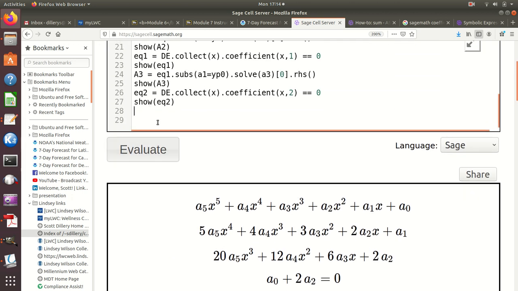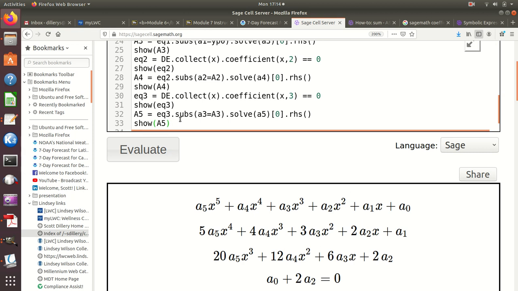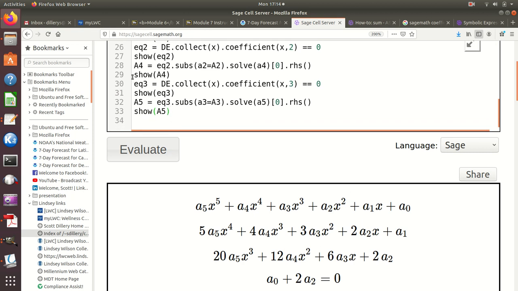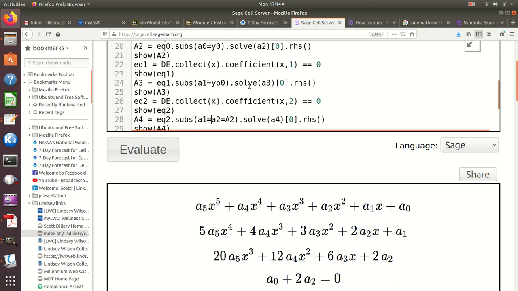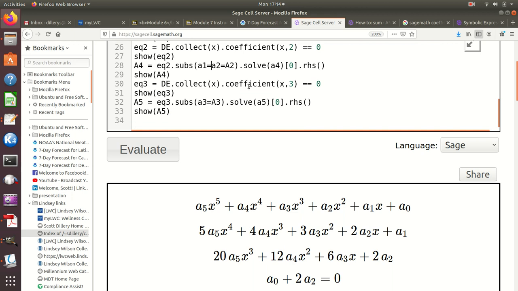So if I put this stuff back, to get A4, I need to substitute A1 equals, and that wasn't an uppercase A1, but it's a Y prime 0, YP0, comma. I think that works.